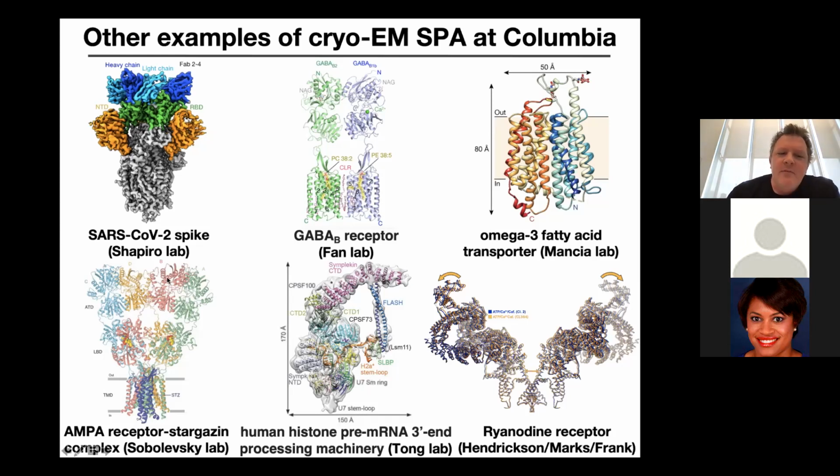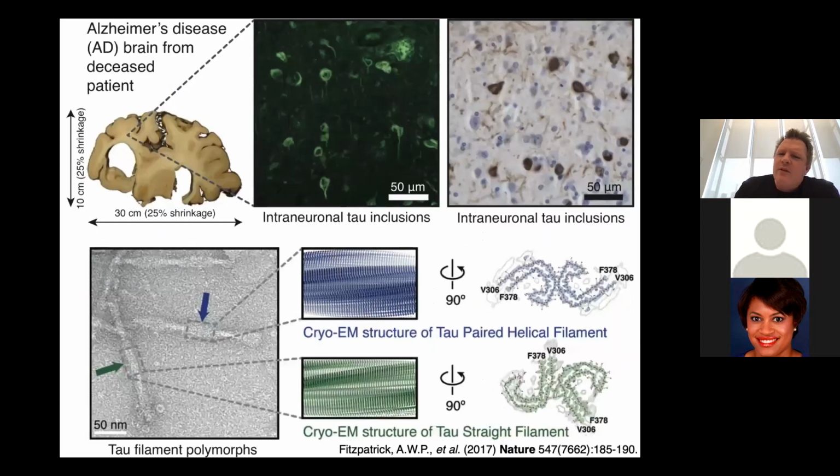Dr. Sobolevsky has done very important work on glutamate receptors. And also Liang Tang's group have done a real range of structures using the core of Cryo-EM here at Columbia. And then finally, the ryanodine receptor, which is a huge, important macromolecular machine, primarily by Dr. Marks and Dr. Hendrickson and Dr. Frank.